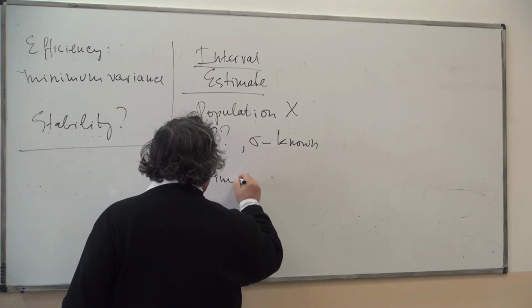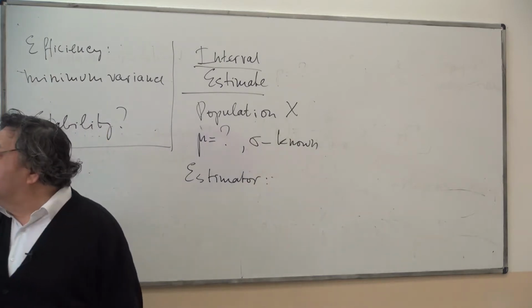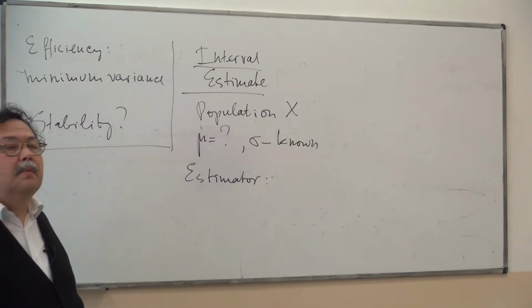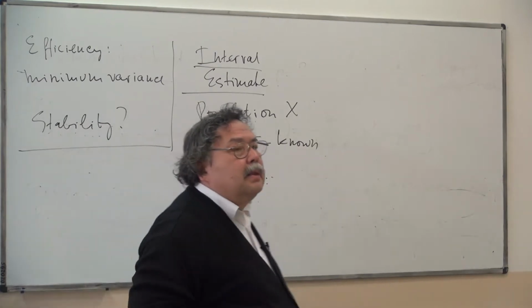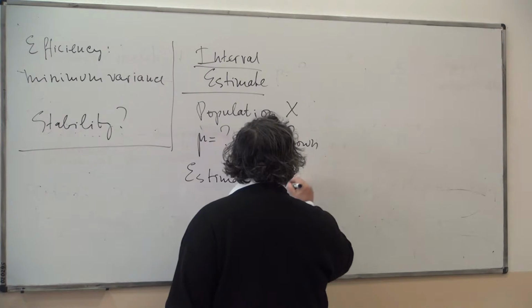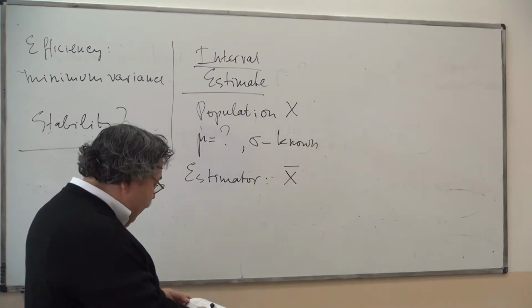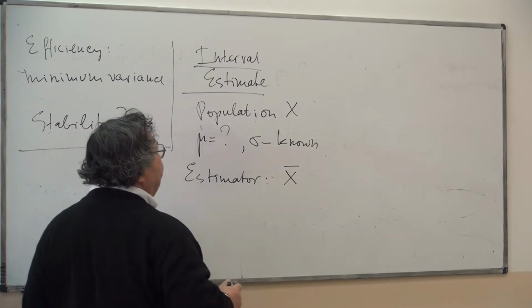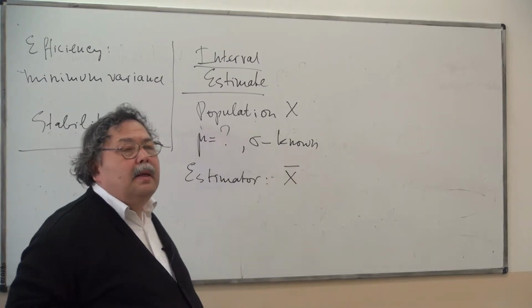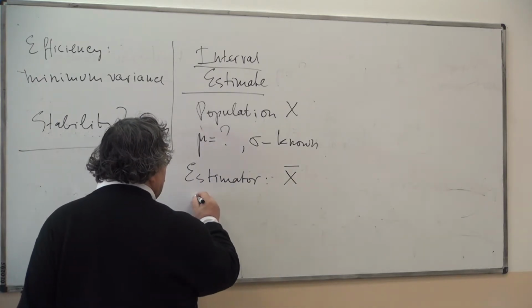Estimator that we use. So we have just found out that x bar is the best estimator in many regards. So x bar is the estimator. Now, x bar as a random variable has these parameters.